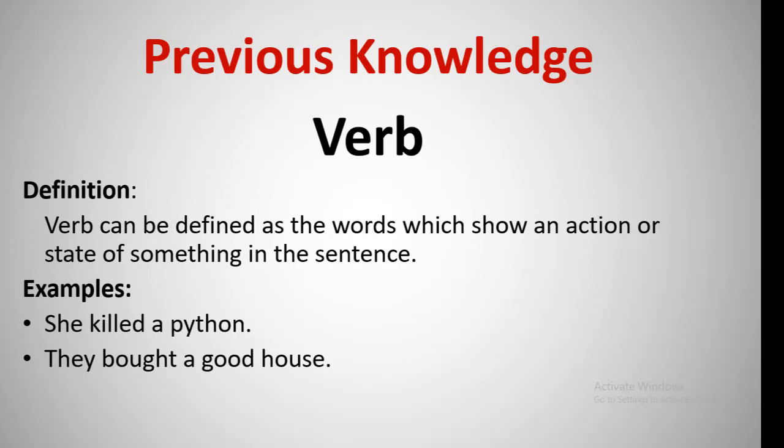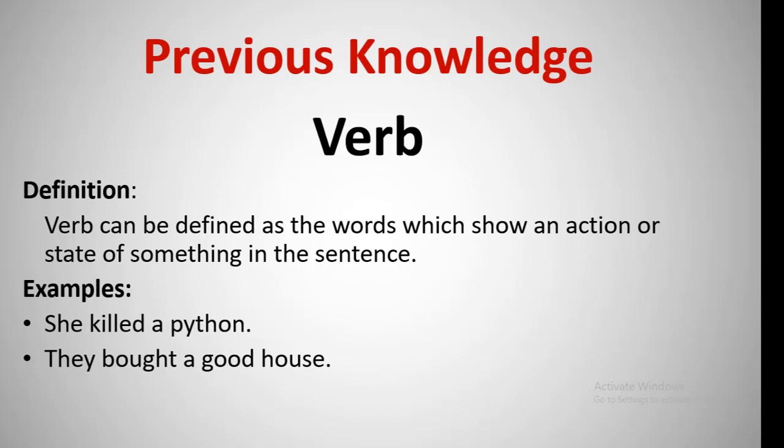By definition, a verb can be defined as the words which show an action or state of something in the sentence. As you already know, verbs are called action verbs, they show the state or the work done in the sentence.